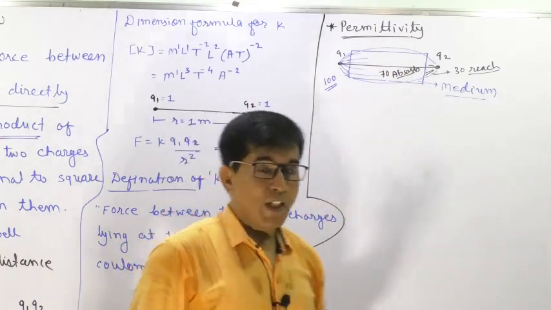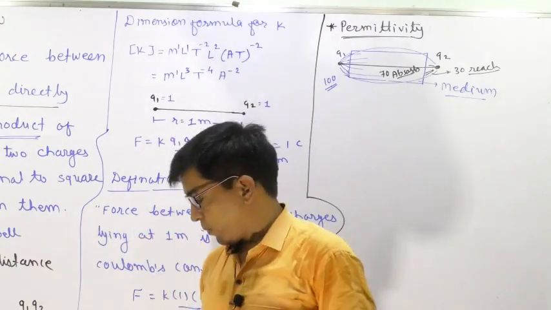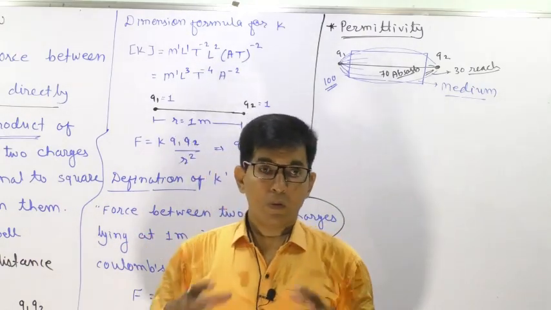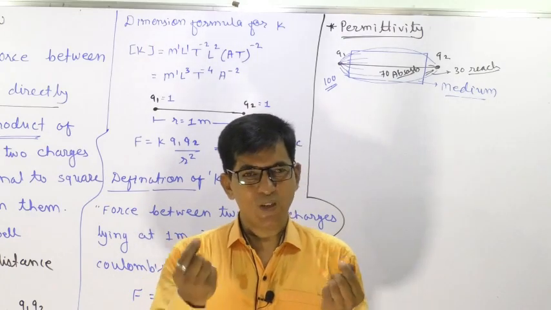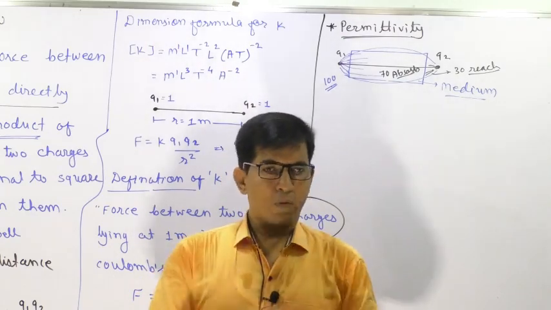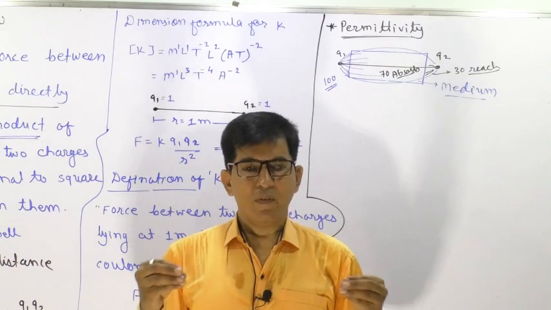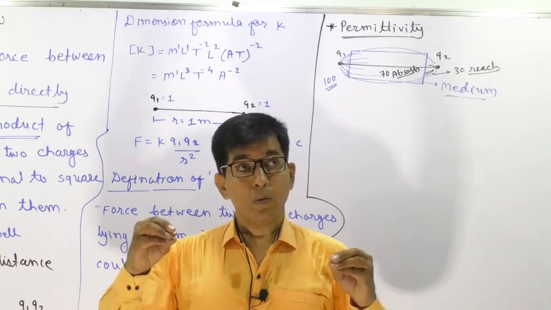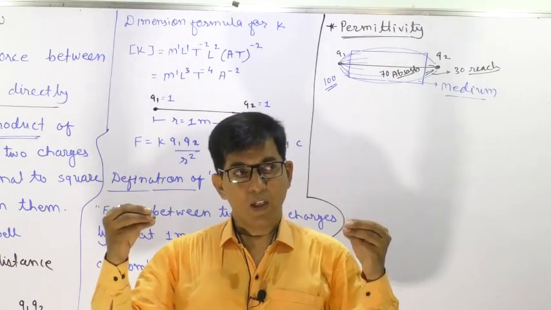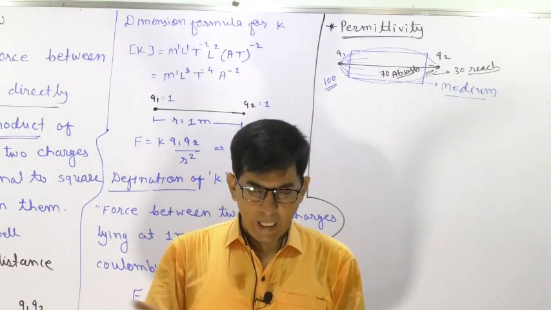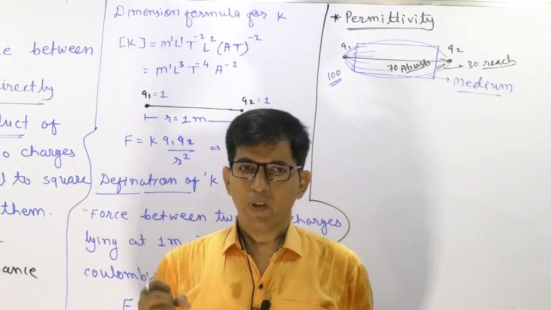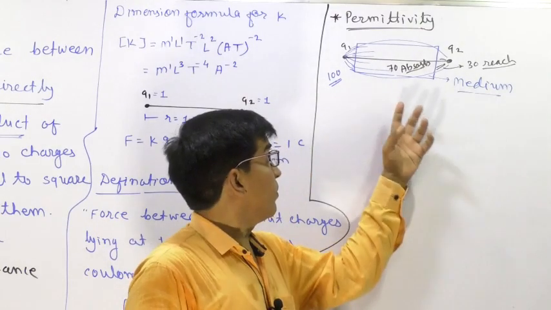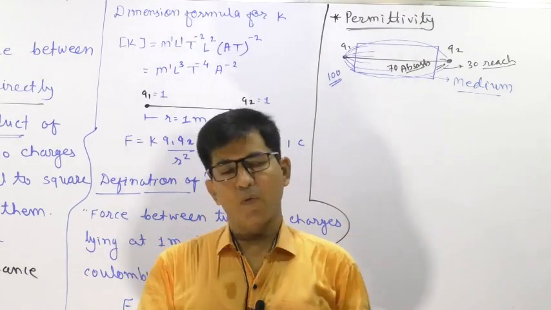So permittivity is a special characteristic of the material in which these both charges are put. If we put them in air, the air medium will absorb some of the threads or some of the force.